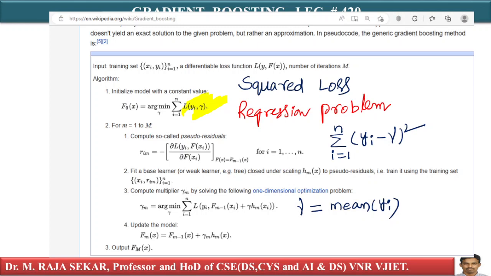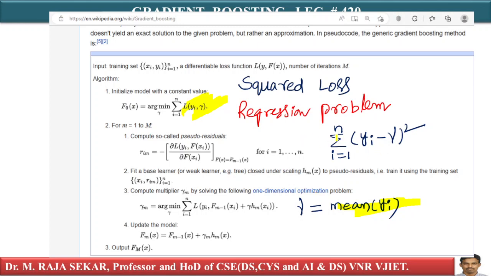We know what minimizes this. All this is an optimization problem. You will get gamma equal to mean of yi. You can actually derive this. It's simple.